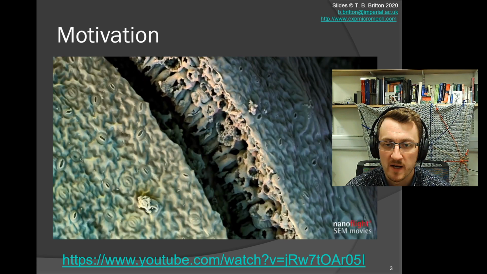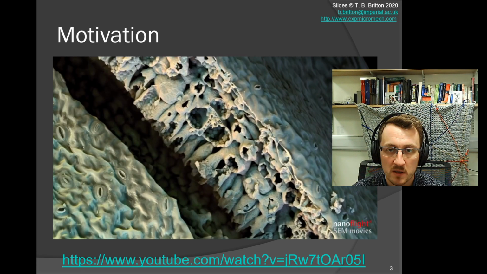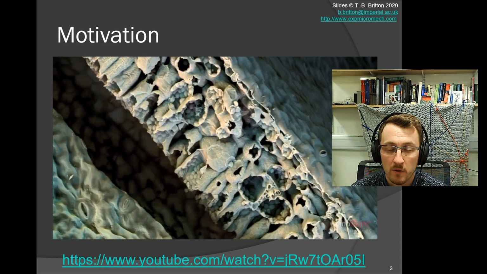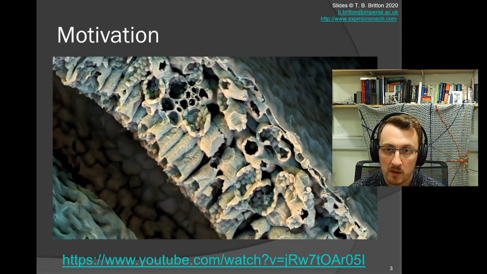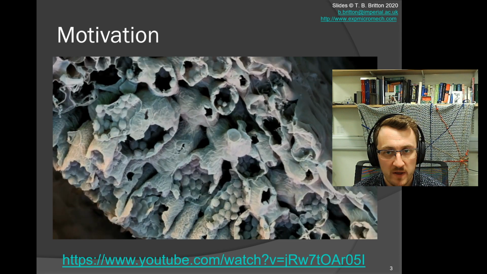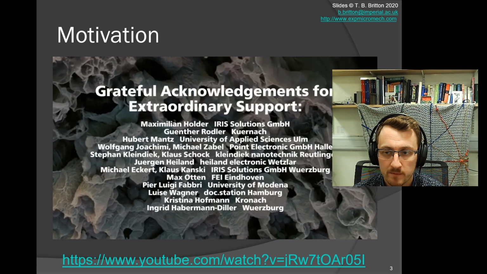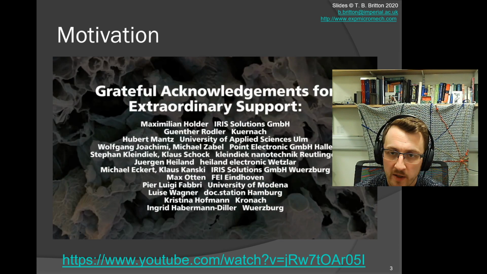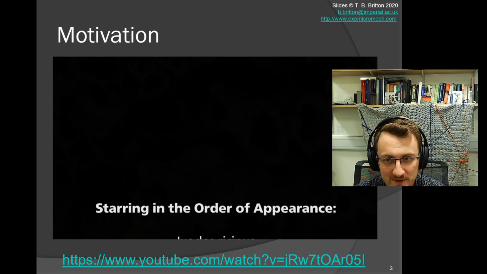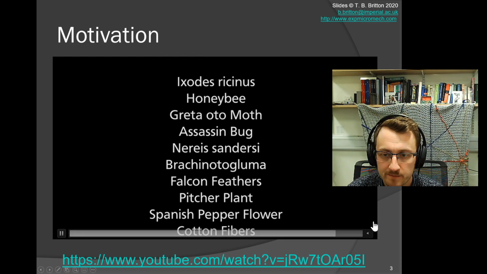It gives us a huge range of opportunities to look at point-specific information and gather data, not just images, but data that we can quantify to tell us about, for instance, the size distribution of features, the local chemical signals, and much more. So have a look at the videos associated with nanoflight. They're fantastic examples to highlight opportunities afforded by electron microscopy.